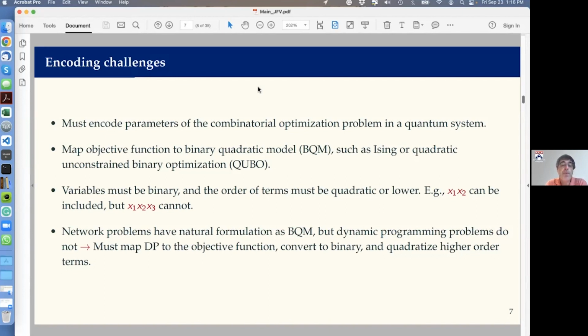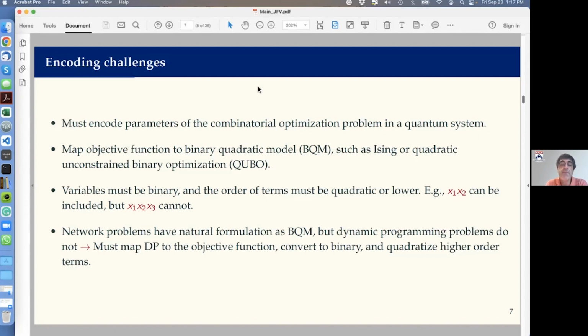Now, if you take network problems, those network problems have a natural formulation as a binary quadratic model. But these network problems are not that common in economics. Now, I need to be careful. If you are doing game theory, you tend to have this type of network problems. If you are doing some type of operations research or optimization of production, which is on the borderline of economics, you also have these BQMs.